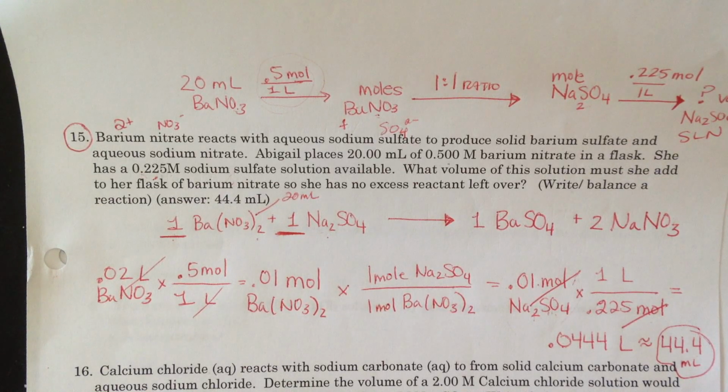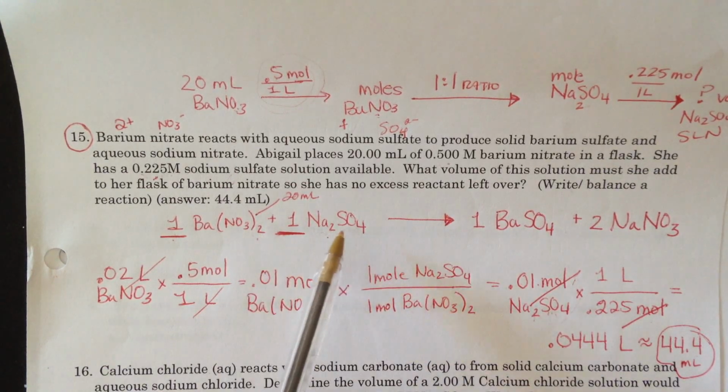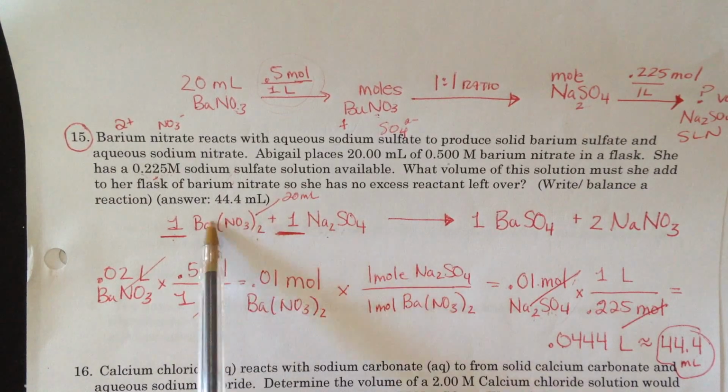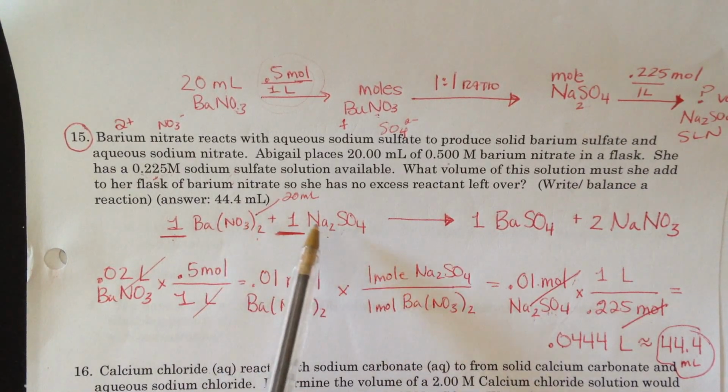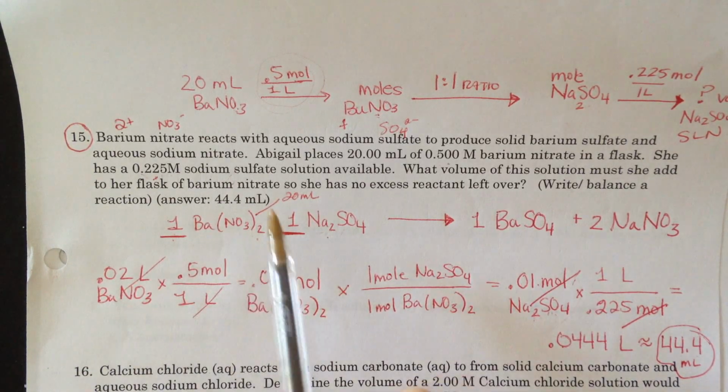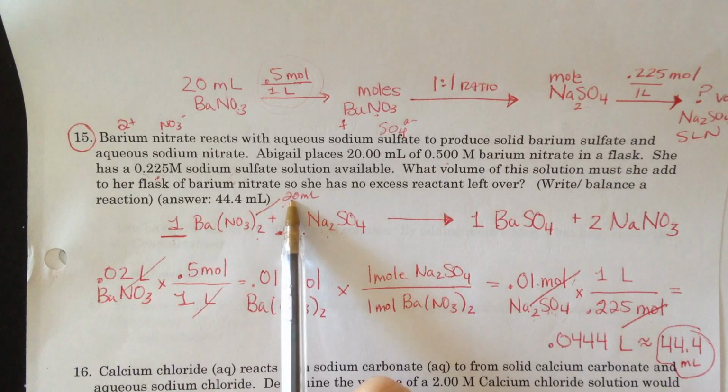So again, let's reflect on what just happened. We have 2 solutions. One's barium nitrate, one is sodium sulfate. And we're going to mix them, they're going to react. So we want to figure out how much of each solution we need to get that perfect reaction. Well, we know that we're going to deal with 20 milliliters of the barium nitrate solution.